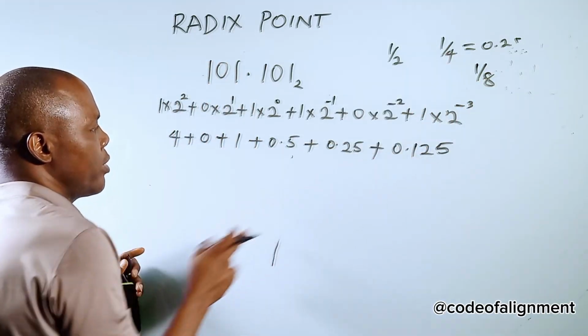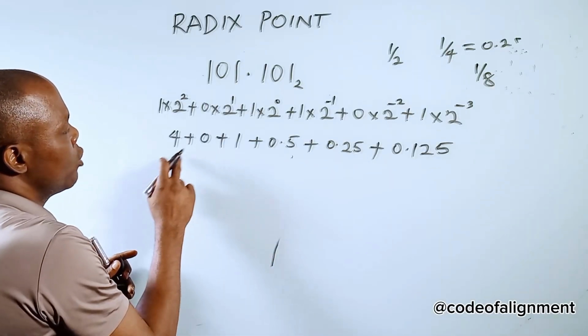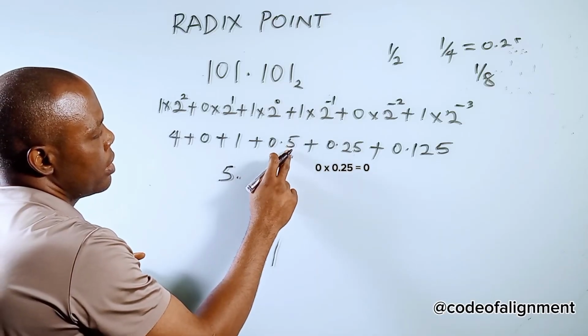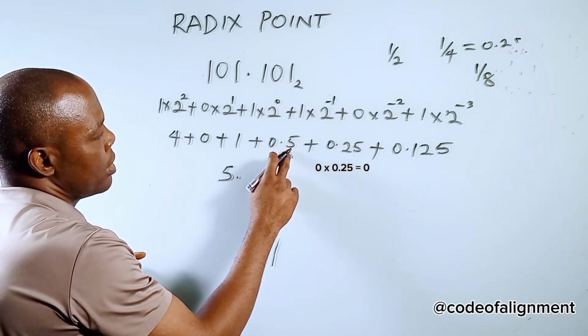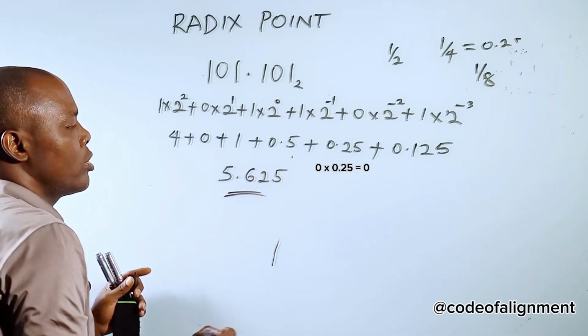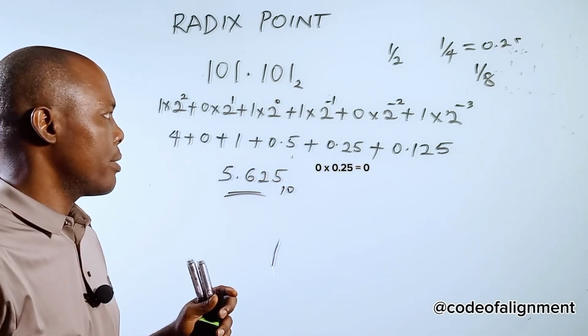So when you divide it, this is what you are going to get, 0.125. Now when you add this together, that will give me 5.625. So this is what is going to give me in base 10.